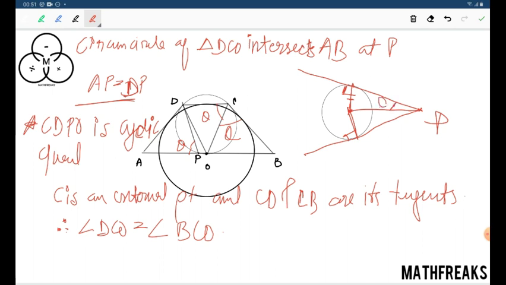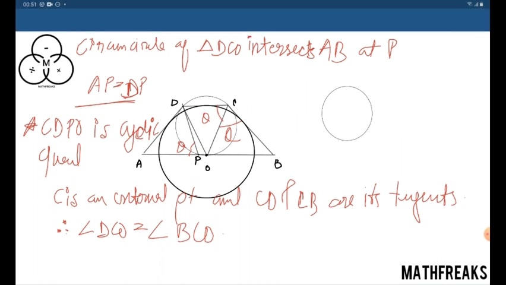This is theta, this is also theta, and the lengths of the tangents are also equal. The hypotenuse is common, the right angle we have, and this side is the radius of the circle. So the RHS criterion is fulfilled. That is where we get theta here, theta here. So this angle is theta.